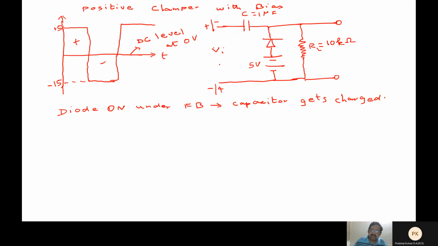But the point of matter here that you must understand is that the time constant, if at all it gets charged here, is much longer for any charging to happen under the reverse bias of the diode. So therefore, charging of the capacitor is happening mostly under the forward bias. Under reverse bias, it is rather going to discharge. This is the idea.